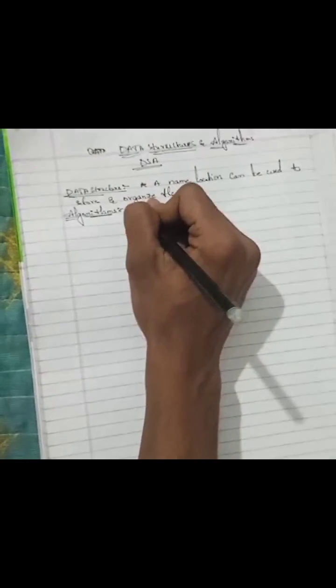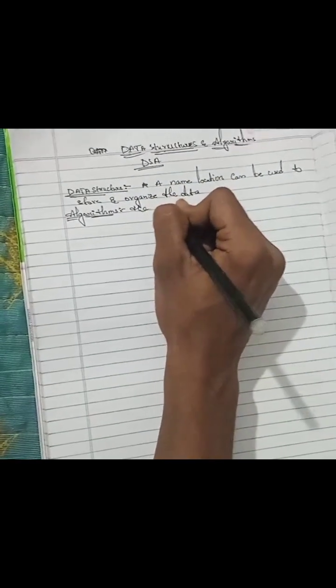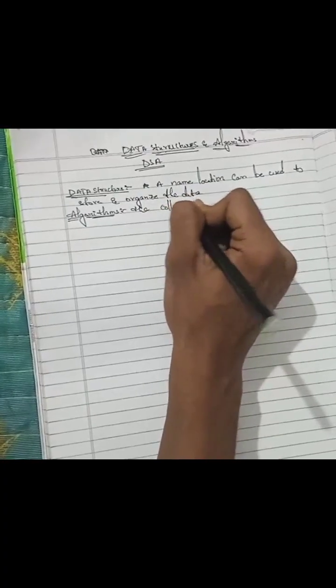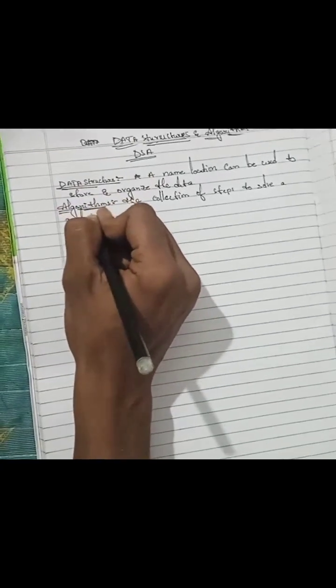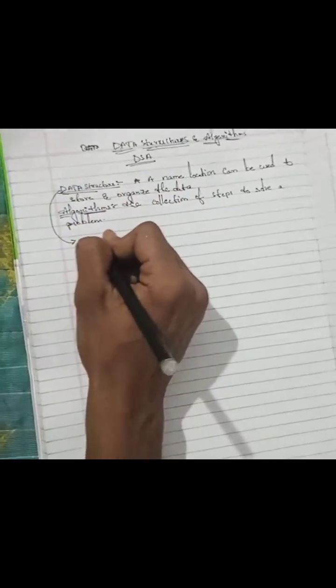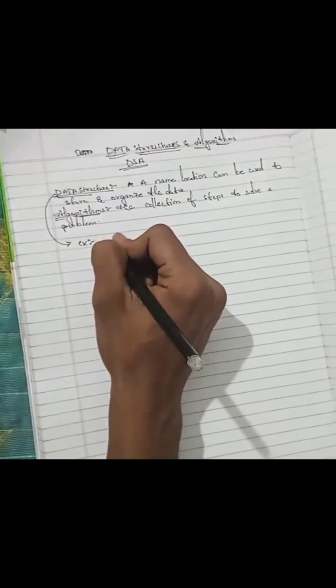Algorithms are a collection of steps to solve a problem. An example of data structures: suppose we take one seed.